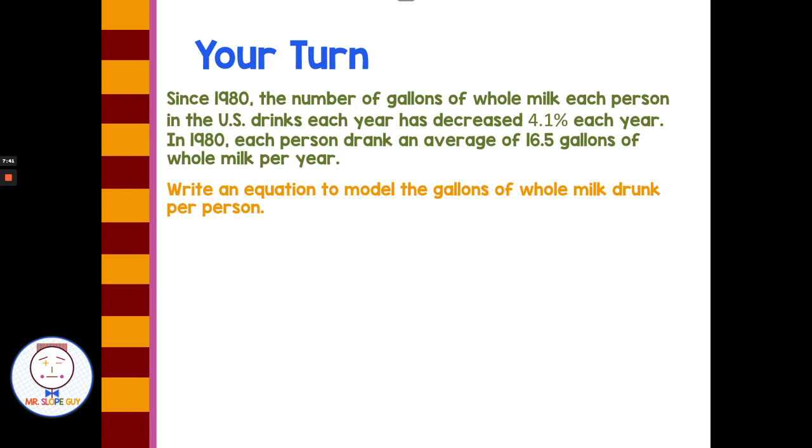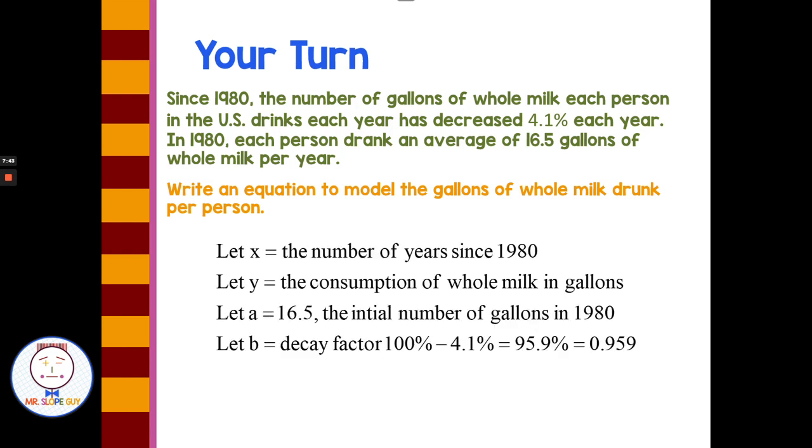All right, so our function, we're looking at x would be the number of years since 1980. Y, what's going to come out of our function, is the consumption of whole milk in gallons. The a value is going to be 16.5. That's the initial number of gallons in 1980. And our decay factor, this is the hard part, focus in on this. We have 100% minus the 4.1%.